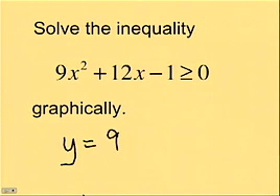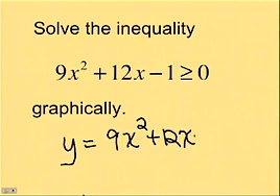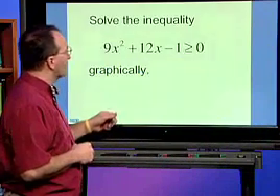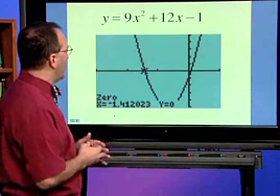We would plug in y equals 9x squared plus 12x minus 1. And what we're interested in finding when we look at the graph is does it actually equal the x-axis or above the x-axis. So let's take a look at the first time that happens.